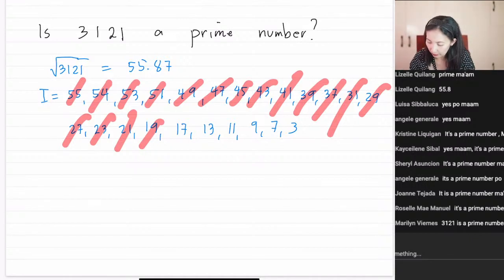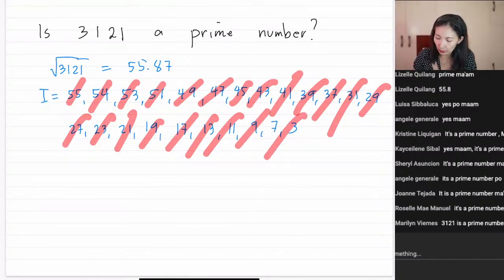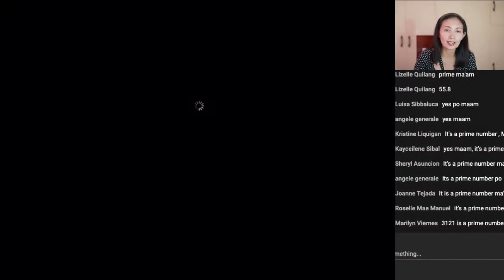Also, 3,121 divided by 13. 3,121 divided by 11. No. Is it divisible by 9? Definitely not. Divisible by 3? No. And is it divisible by 7? 3,121 divided by 7 is, so, no. It is a prime number. Okay, we end up with that.